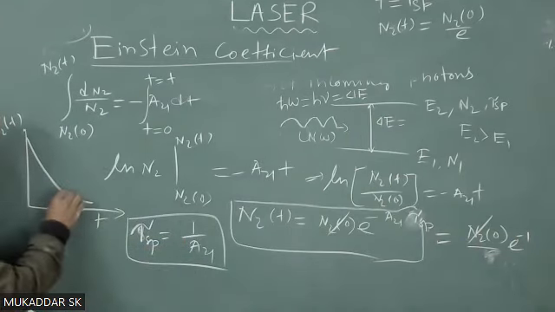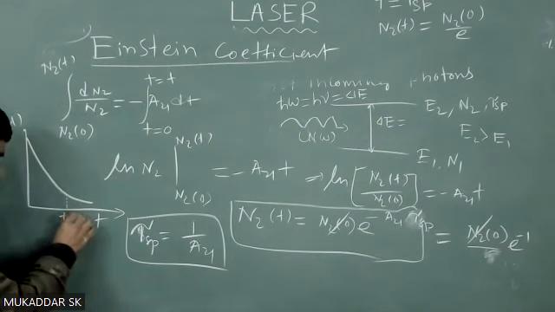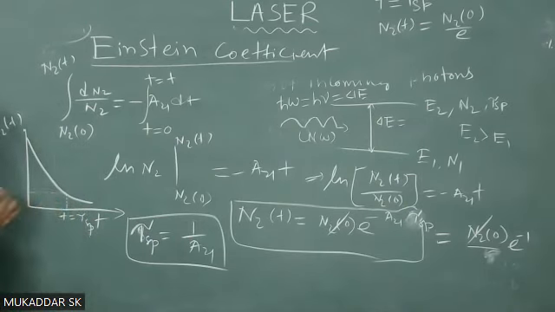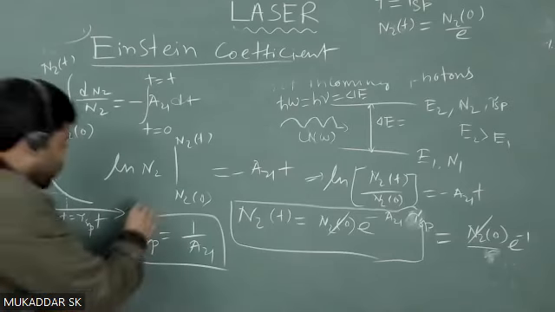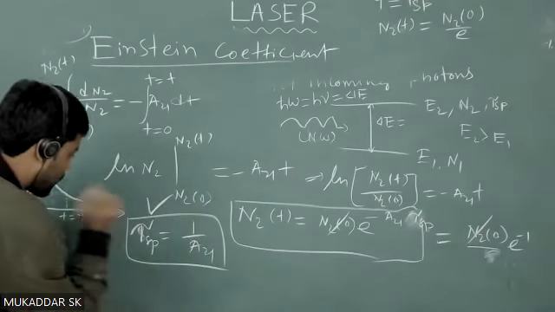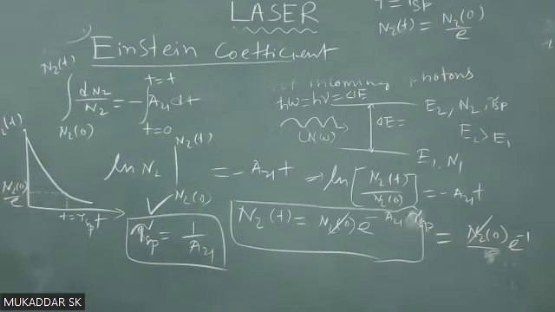So it means at t equals tau sp, the population of E2 will be N20 by e. So this formula is really important for your exam. If you know the Einstein coefficient, I can calculate the spontaneous lifetime. Is this clear what I'm saying? क्या इतना clear है? Yes, sir.